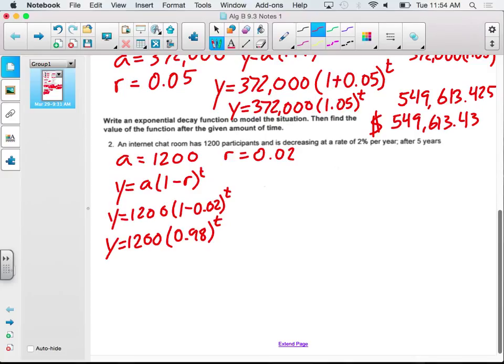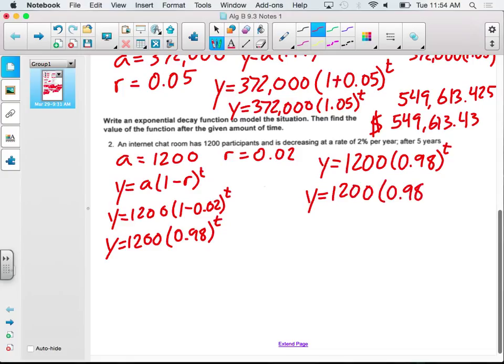I'll rewrite what we got first, to the t. What is going to be our t value? 5. So we rewrite it, substituting in 5 for t.